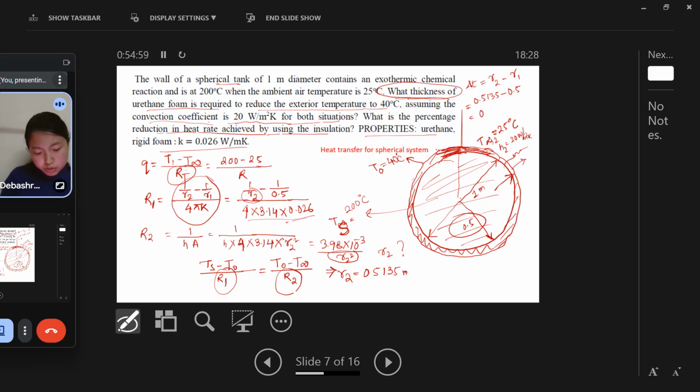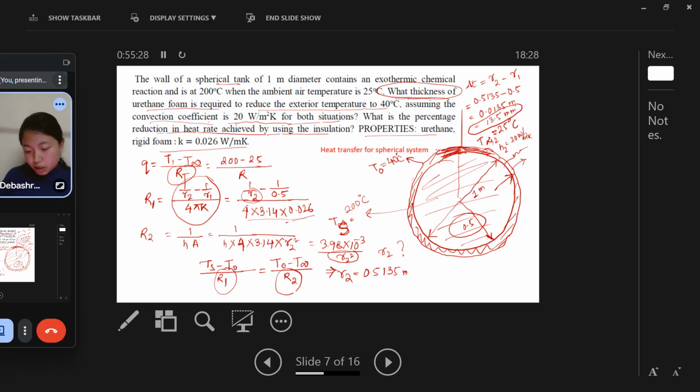So it will come out to be 0.0135 meter, which is equal to 13.5 millimeter. Okay, this is the thickness. Just calculate it and check it later, whether you are getting such values.